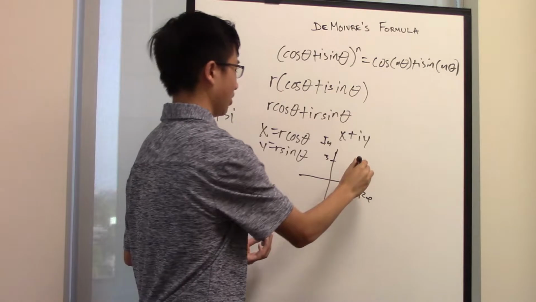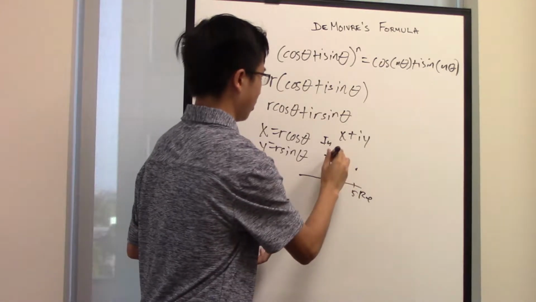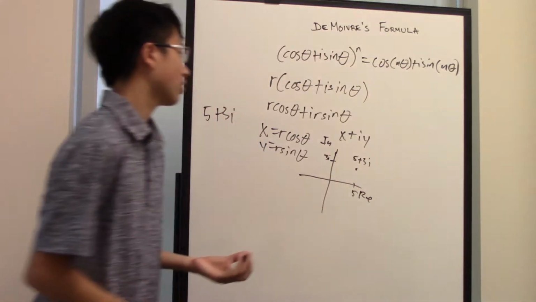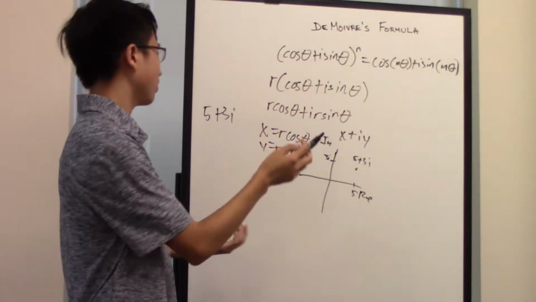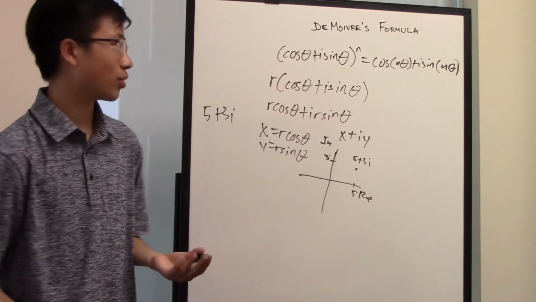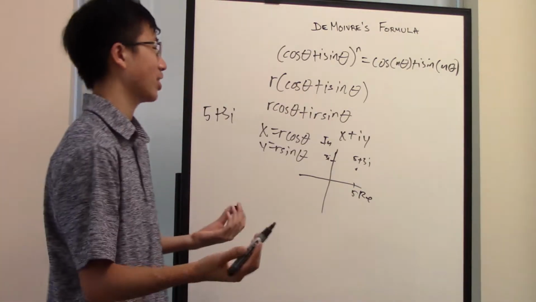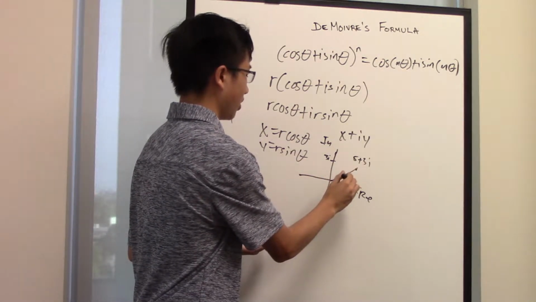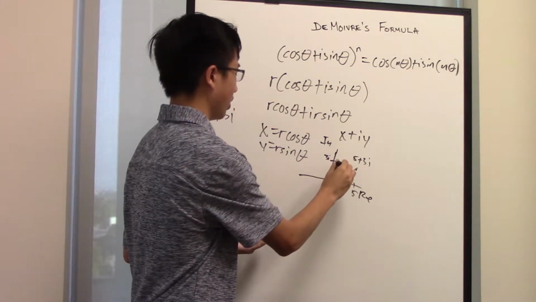So here it would be 5 plus 3i. If we were to take the polar form of a complex number, it would just be the same as the polar form of a normal xy coordinate. So we would take the angle, this would be theta, and the radius would be r.